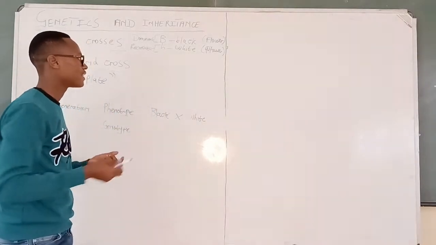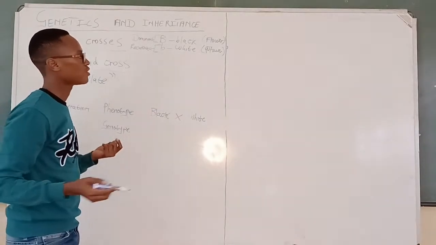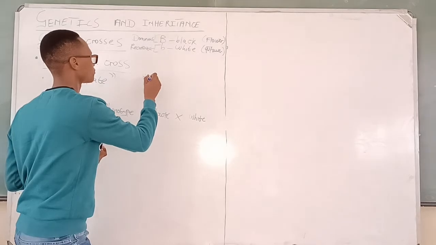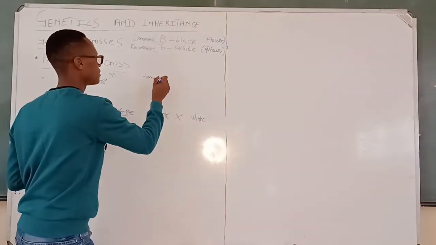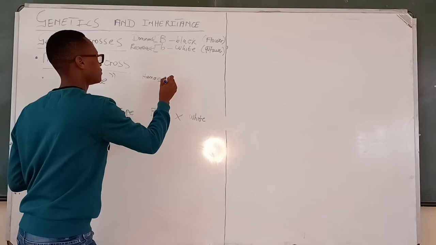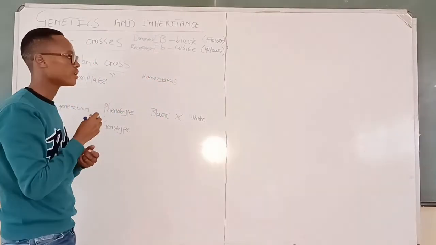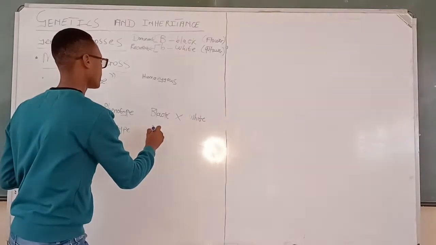So let's say that this black flower was homozygous, meaning it had the same alleles for black. If it is homozygous black, it means that it had this genotype.